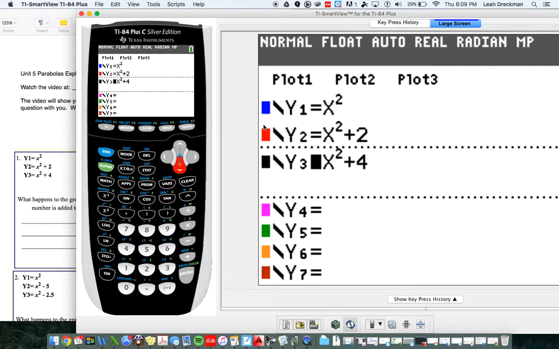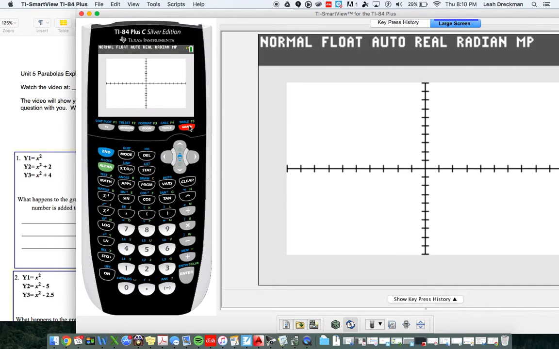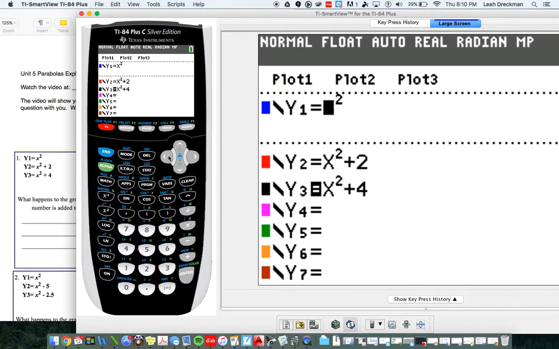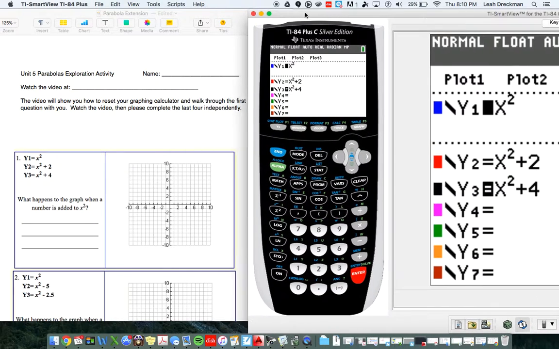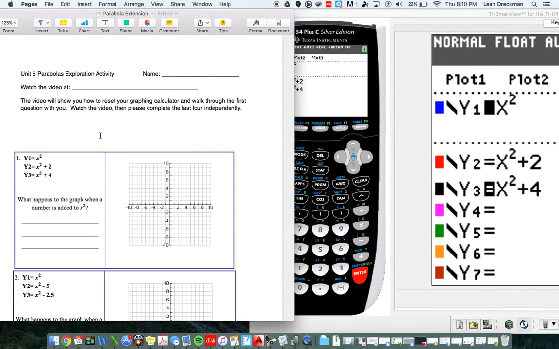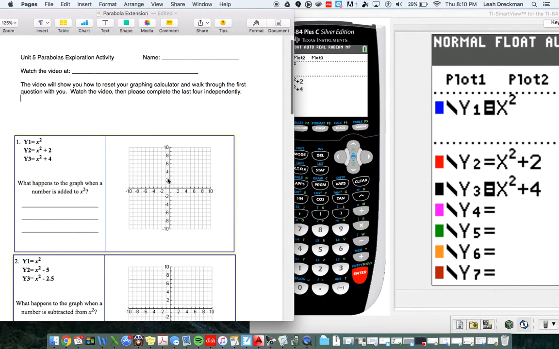In this case, Y3 will be the only one that gets graphed. And you'll see the other 2 get skipped over. So kind of a cool feature. Sometimes you only want to look at one, but you might need it later. But just by pressing enter over that equal sign, you can see it's only graphing the ones that are darkened.